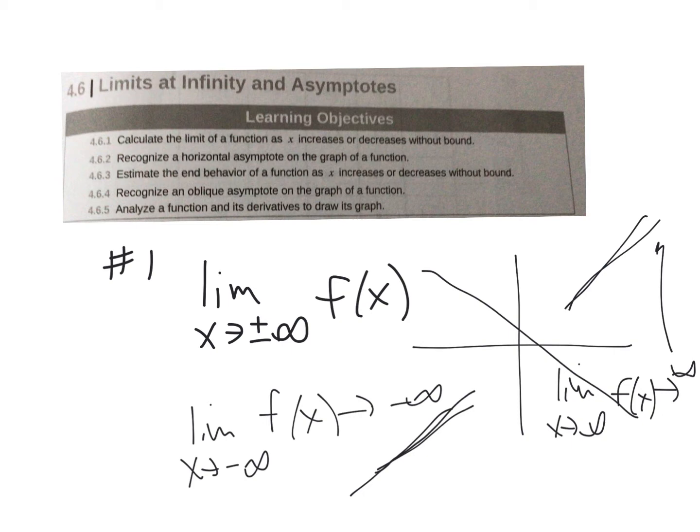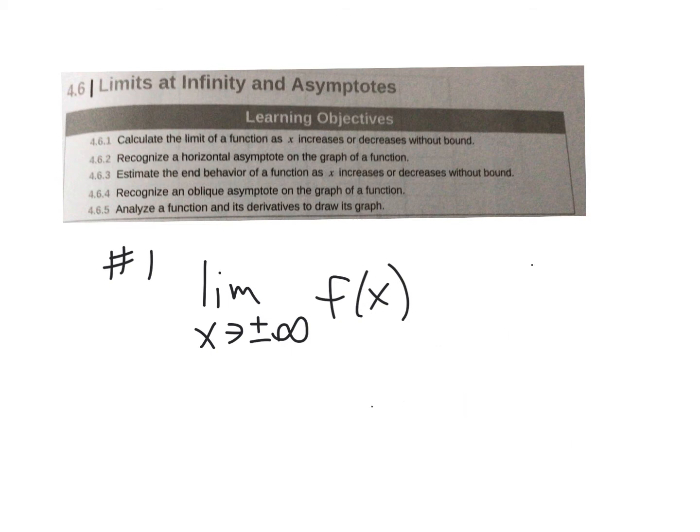Another thing that can happen is it can have a horizontal asymptote. So we've got some stuff going on in the middle, and we can even have two horizontal asymptotes. The limit as x goes off to positive infinity is one value, and as it goes off to negative infinity there's a different value, or it could be the same value.